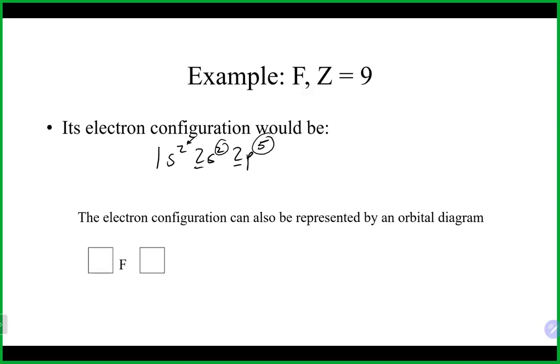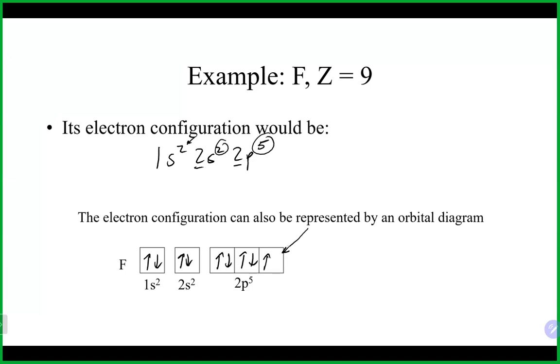And filling in our orbital diagram at this point, we're going to go up, down, up, down, up, up, up, and down in this case. As we could clearly see, we have room left in the subshell for one more electron before it's completely filled and before we would have to continue on to our next subshell.